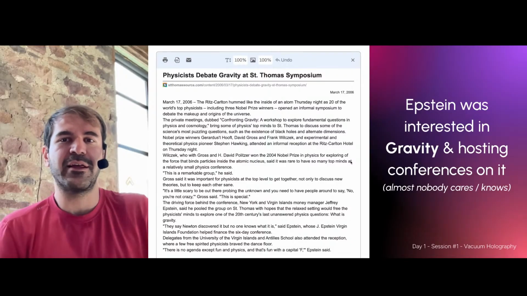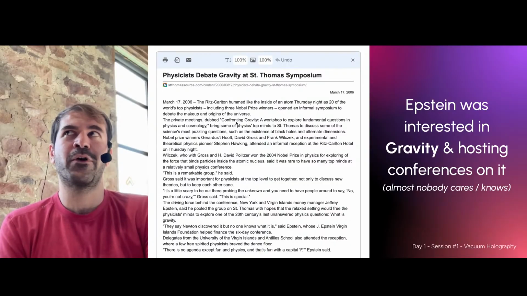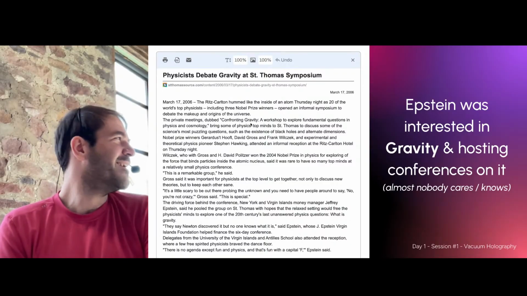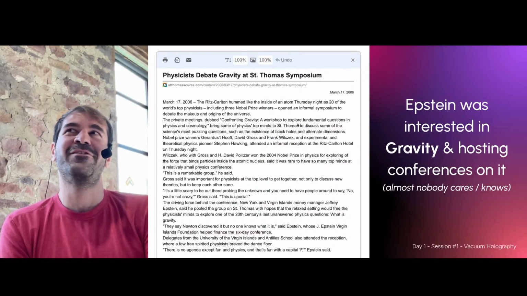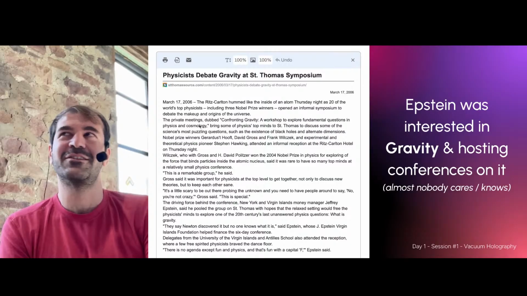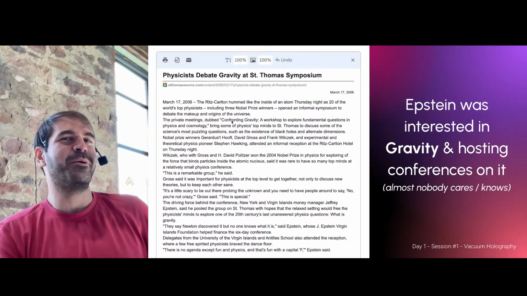So look at that sentence right there. The private meetings dubbed "Confronting Gravity." A workshop to explore fundamental questions in physics and cosmology. Nobody knows about this and nobody cares about this.